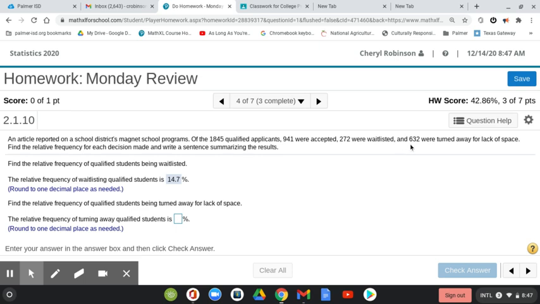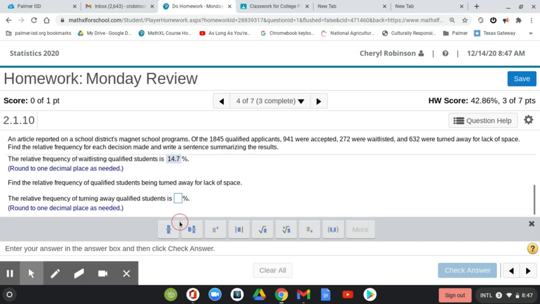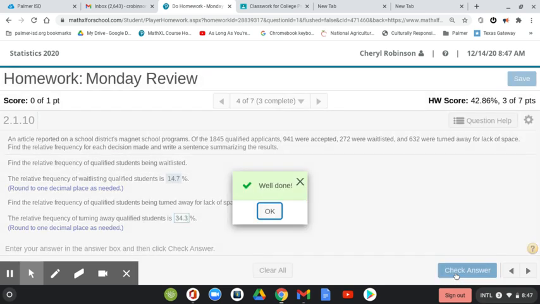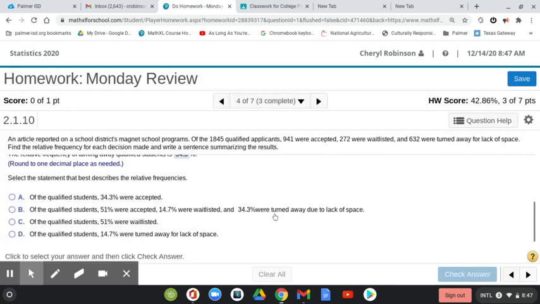Okay, and then the third one, 632 divided by 1845. I have 34.25, so the 2 rounds up to 3. Okay, and a statement that describes the relative frequencies is going to be the one with all the percentages we just found.